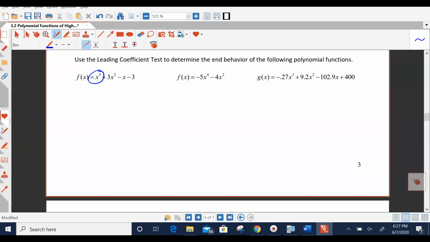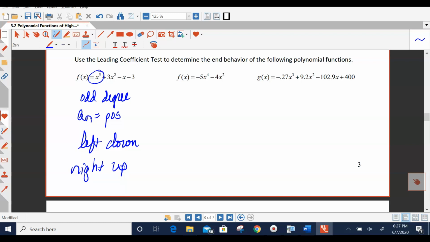I don't know what's going to happen in between my ends, but because the leading coefficient has an odd degree and a sub n is positive, it acts just like x cubed, where the left side goes down and the right side goes up. Or we could say it falls on the left and rises on the right.